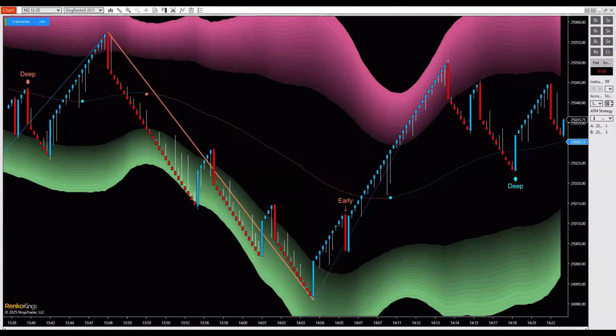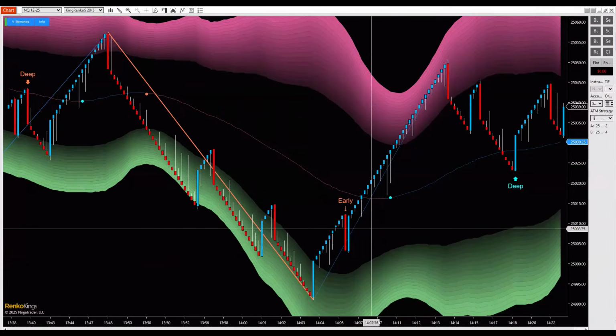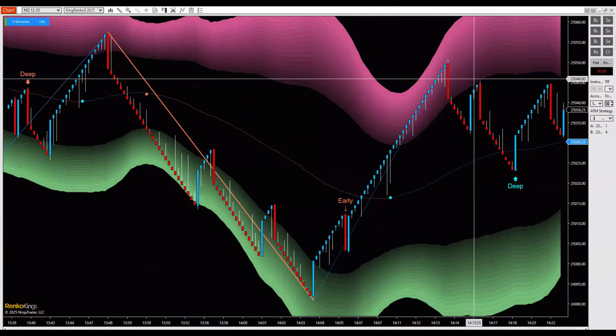Yeah, so right, you mentioned the interface. It is very visual, right? It is really visual, and so you can just see how price goes in and reacts from these support and resistance levels.